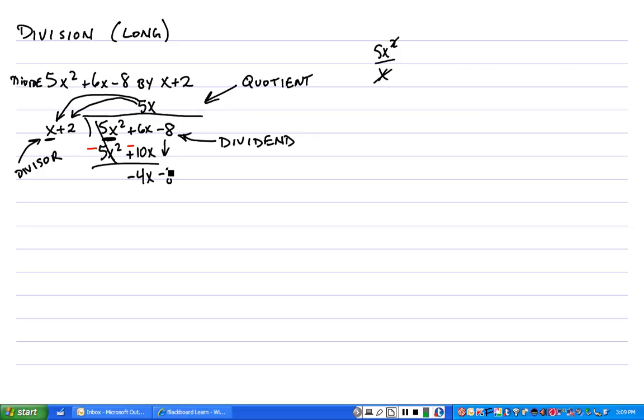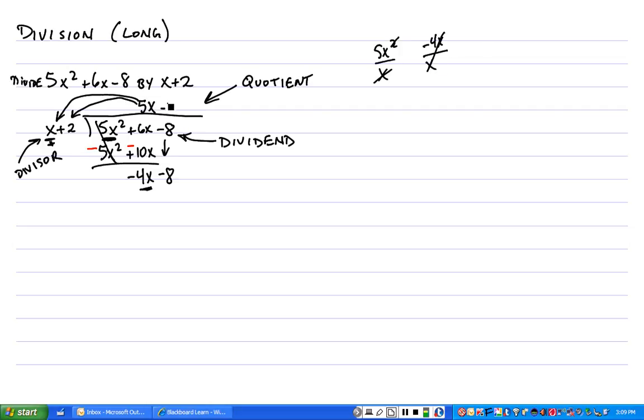So now we're looking at the negative 4x being our lead term, still looking at this x as our lead term. So what times x will give us a negative 4x, or in other words, take a negative 4x and divide it by x. The x's cancel, and you just have a negative 4.